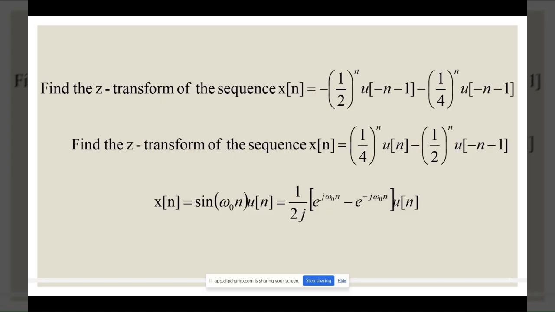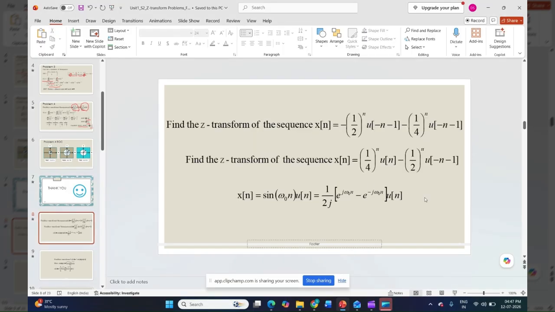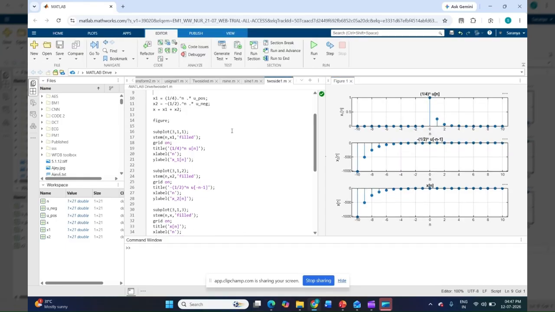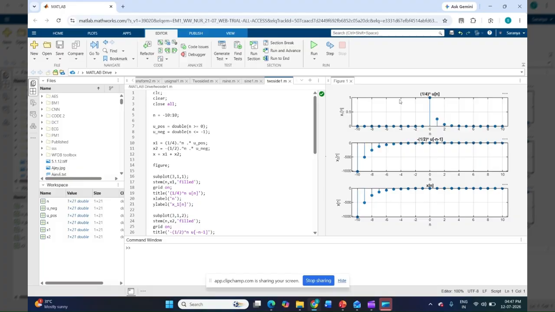So, to give you an idea about how the sequence will be, I have taken the MATLAB code for this, and you can see this code. The first code is about 1 by 4 power n u of n, which means 0.25 power n u of n. At n equal to 0, its value is 1.